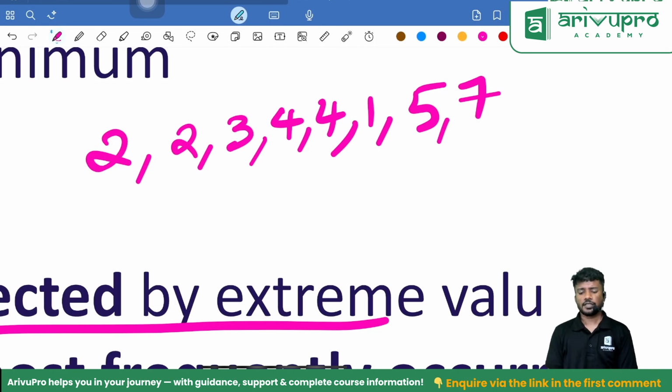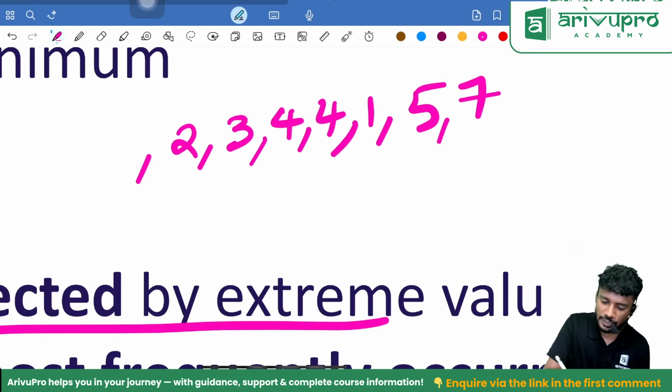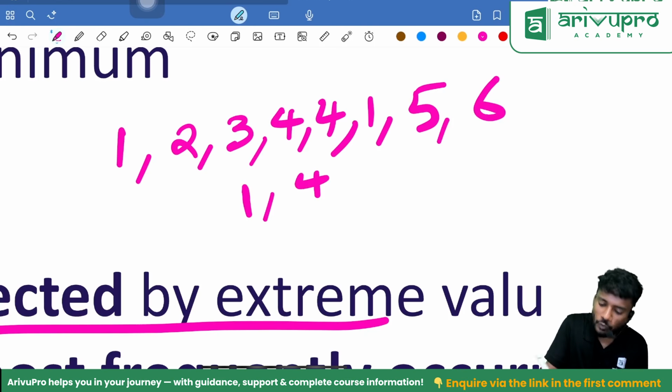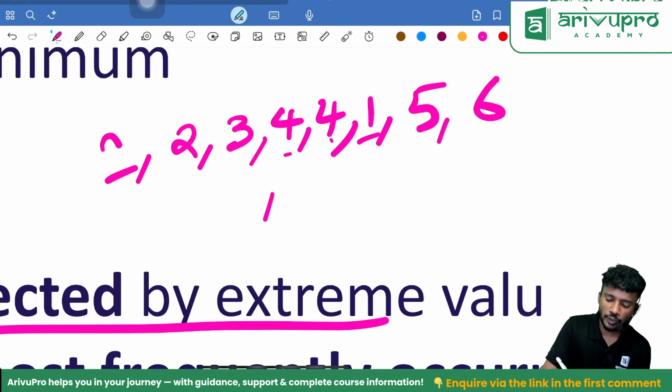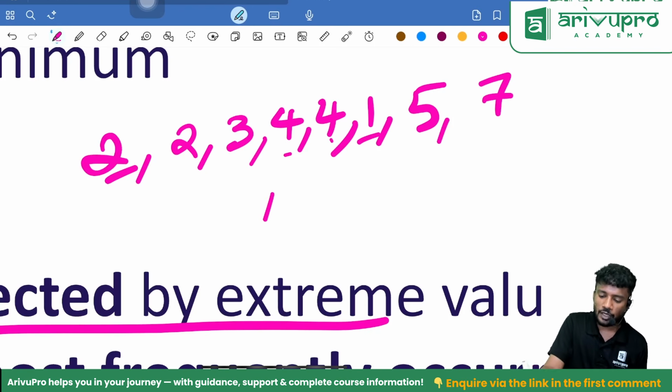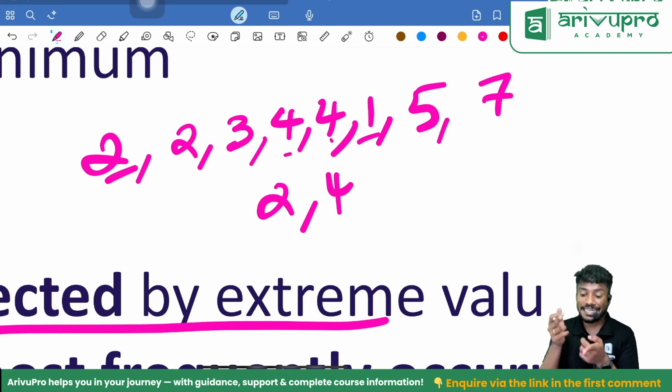Now, is the mode changing? In this case, it is changing. Initially, 1 and 4 were the modes: 1 occurs 2 times, 4 occurs 2 times. When I change the extreme values to 2 and 7, the modes are now 2 and 4. So mode is changing in this case.